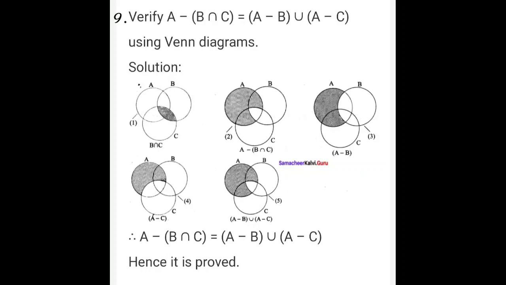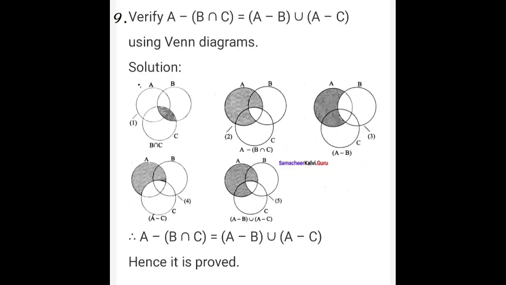First we find inside of the bracket, B intersection C. B intersection C means the common part of the sets B and C. Shading the common part of B and C is shown in the figure.